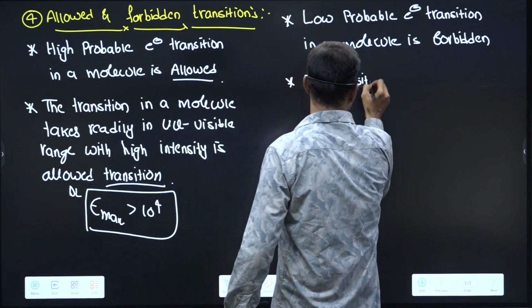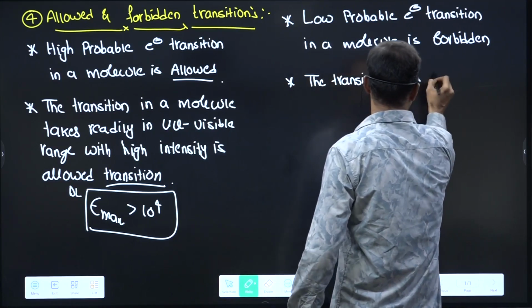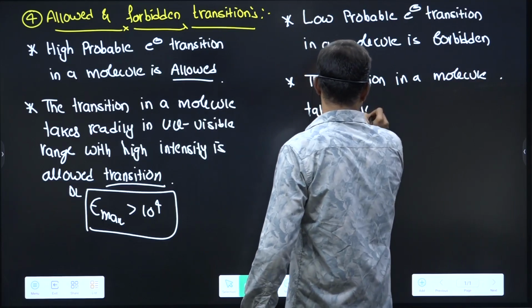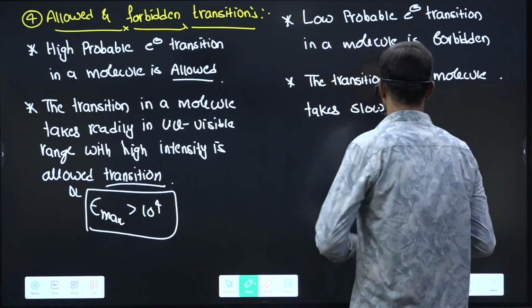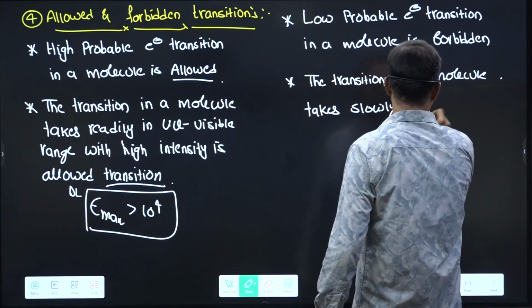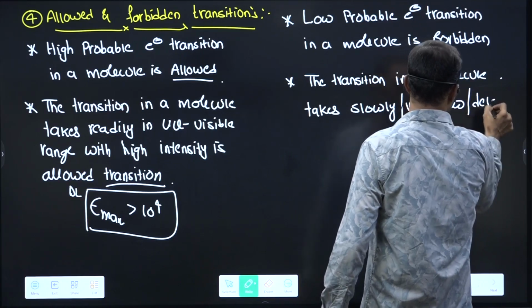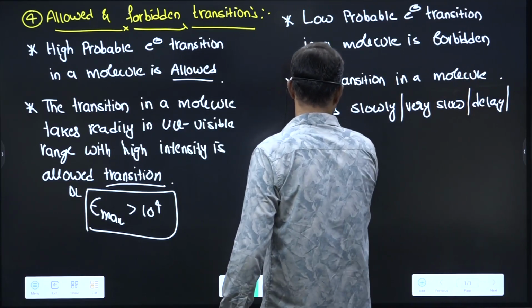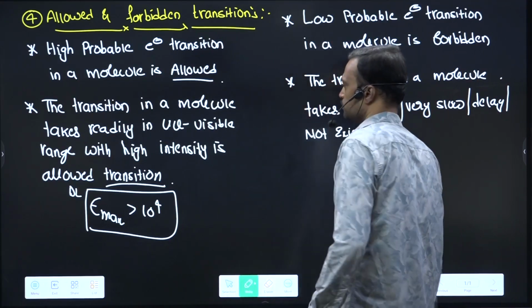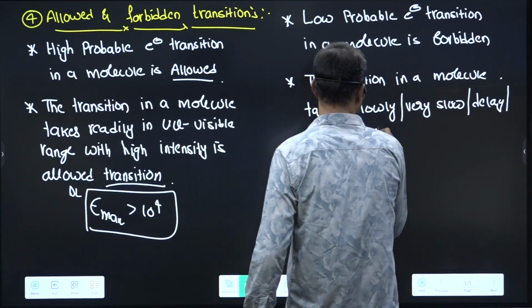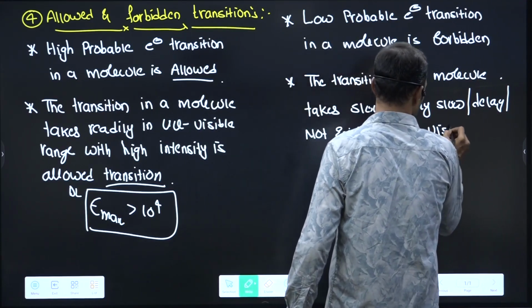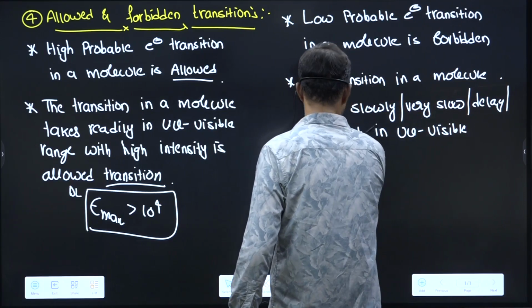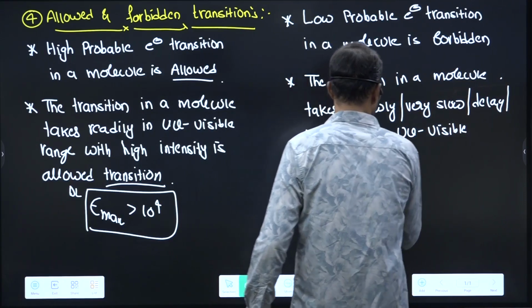Then the transition in a molecule takes slowly, very slow, or delay, not exist, in UV visible range with low intensity.